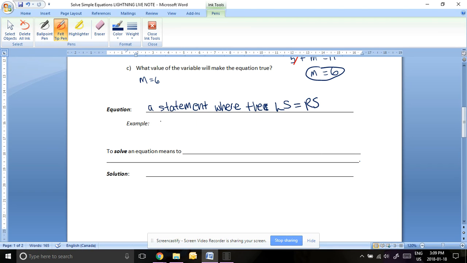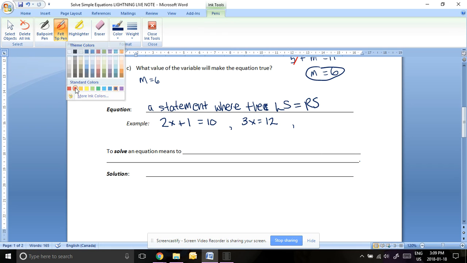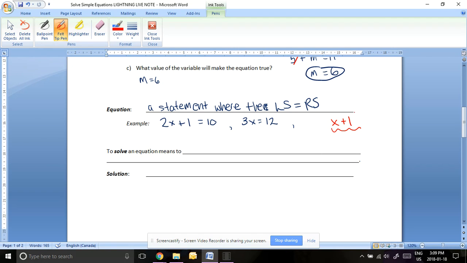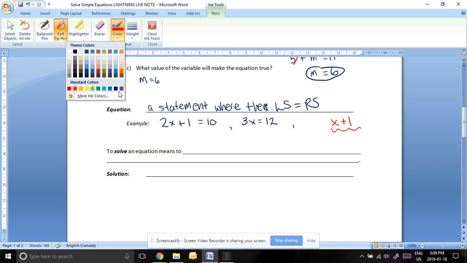For example, 2x plus 1 equals 10 is an equation, or 3x equals 12 is an equation. But if you have something like just x plus 1, that is not an equation, that is an expression, because it's not set equal to anything.